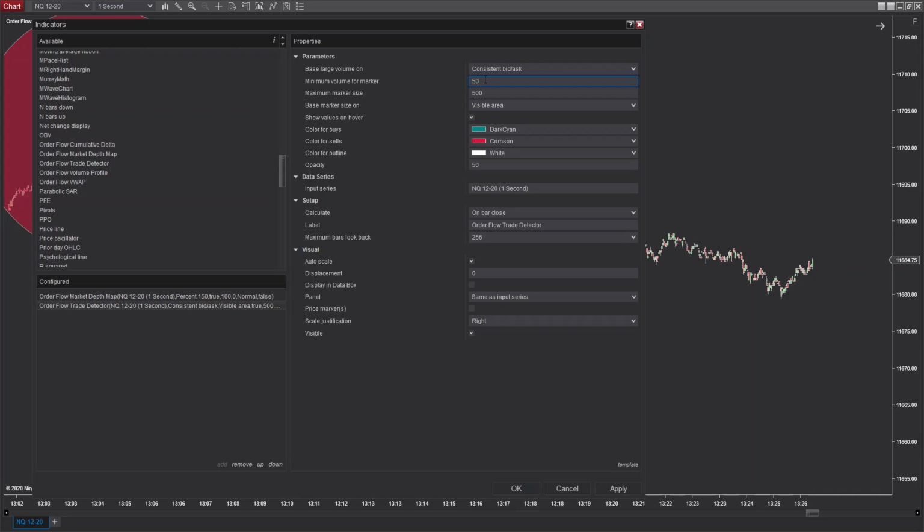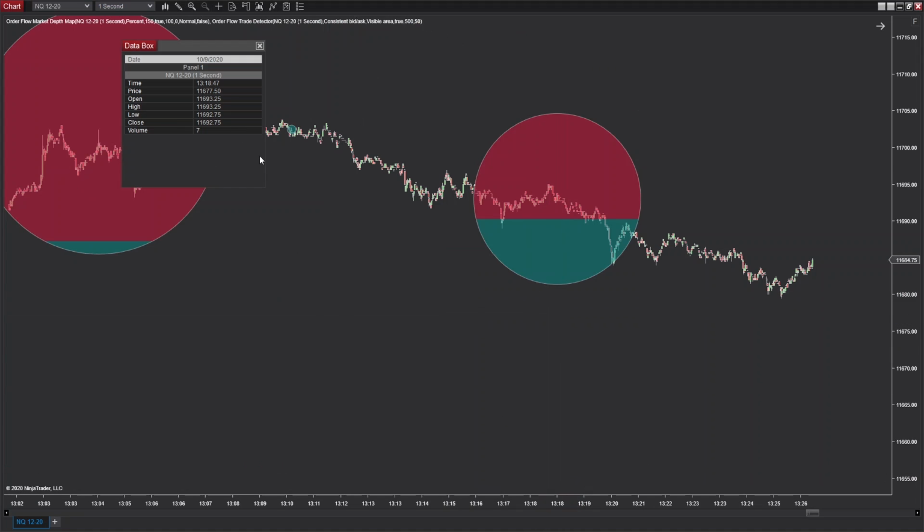But the minimum, you definitely want to lower that to like maybe 5 or 10. Okay. So that's that. There's really nothing else here. Show values on hover, I have it checked. And visible should be checked. Okay. That's it, guys. So that covers the trade detector.